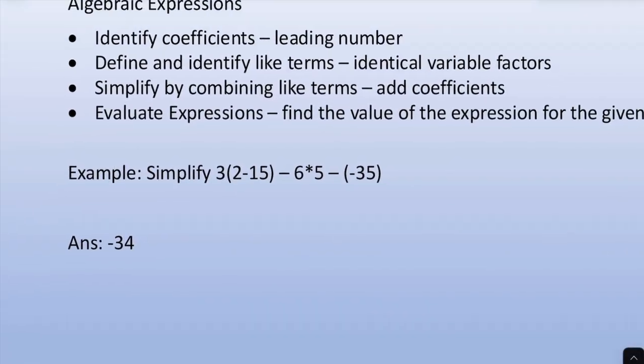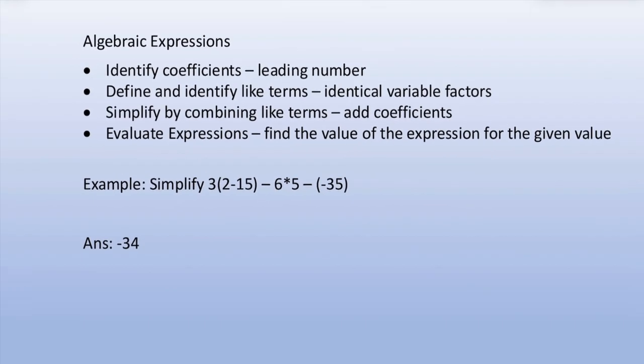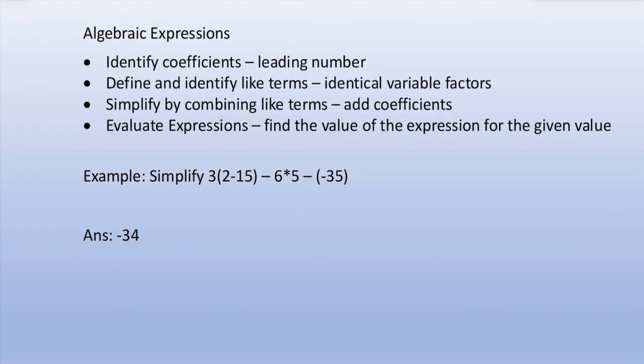Okay. Some algebraic expressions. You need to be able to identify coefficients, define and identify like terms, combine like terms, and evaluate expressions, and you'll have to use order of operations to do that. So remember, our order of operations is, please excuse my dear Aunt Sally, there's pretty much 4 steps to it.